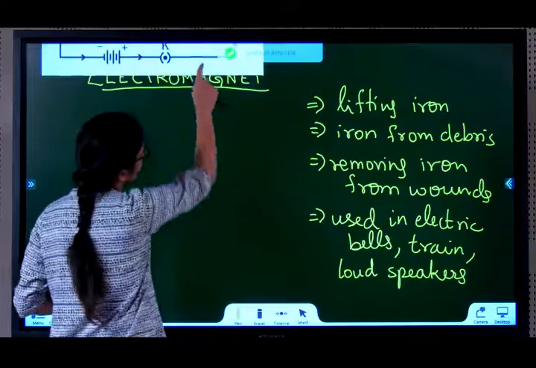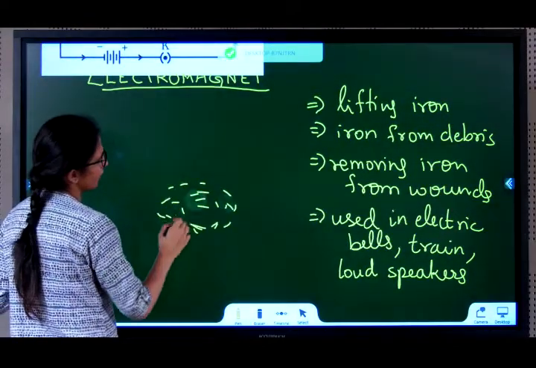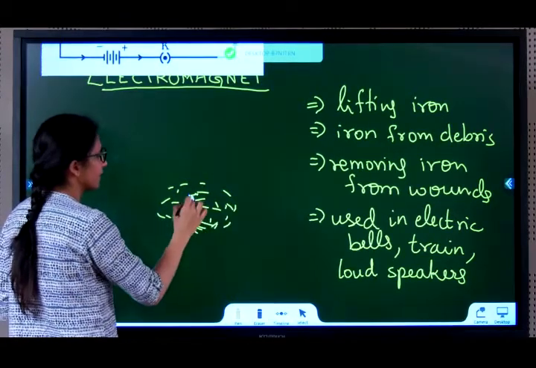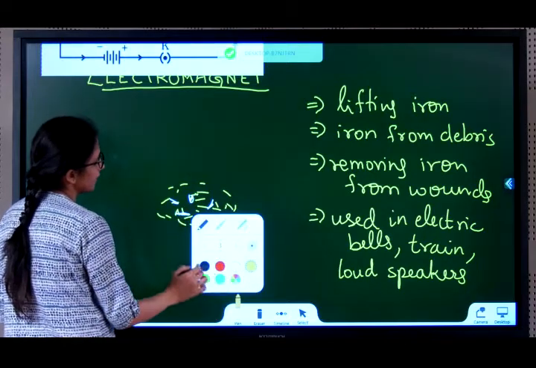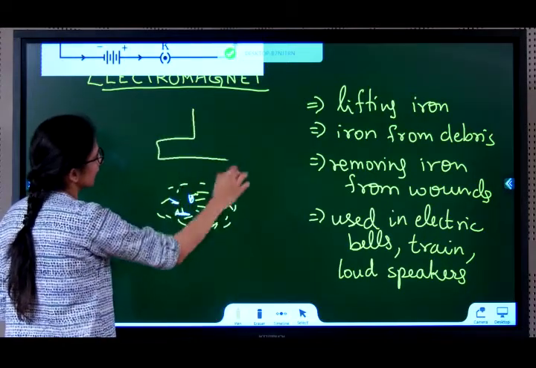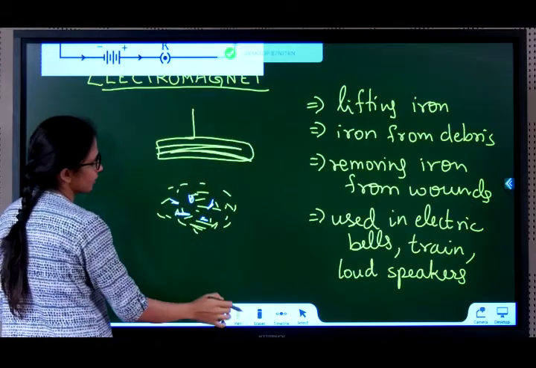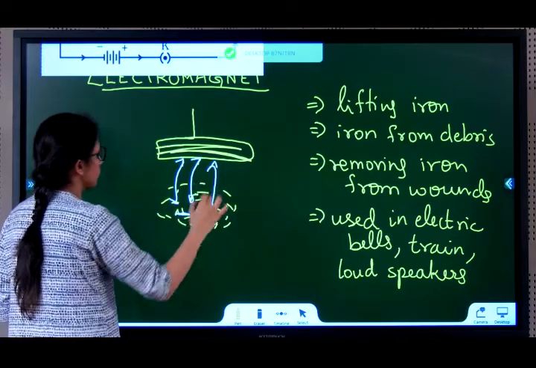How do we lift iron from debris? You have a lot of different garbage materials and waste materials over here, and let's say these white particles are all iron. So what will I do? I'll bring an electromagnet. I will switch on the current. Now this is magnetic. All these white particles will go and get attracted to this.